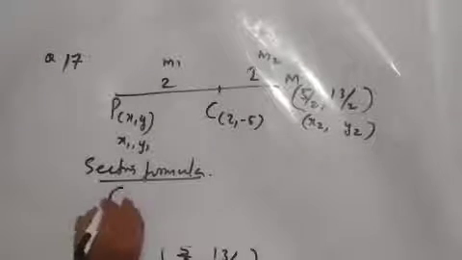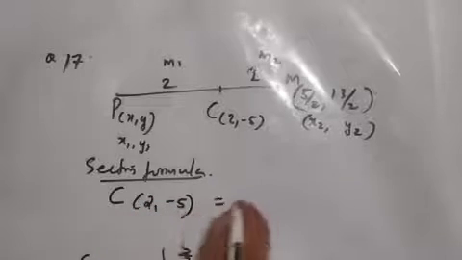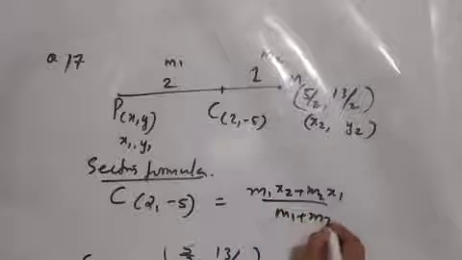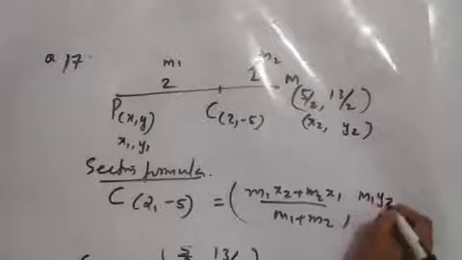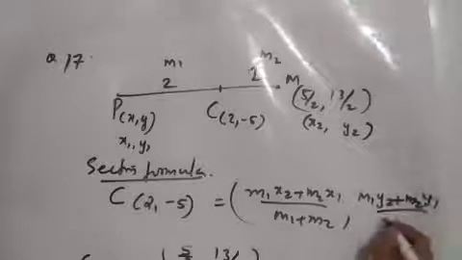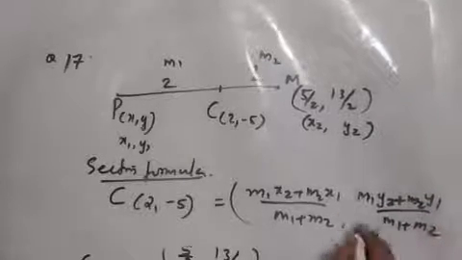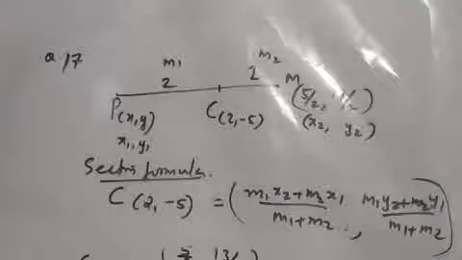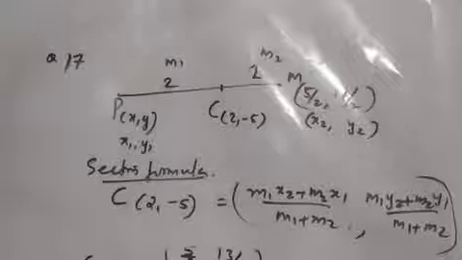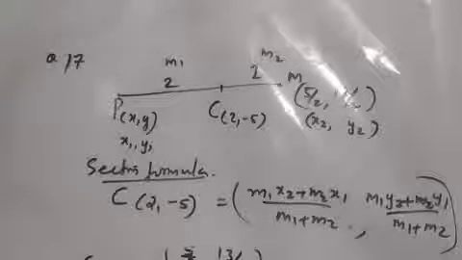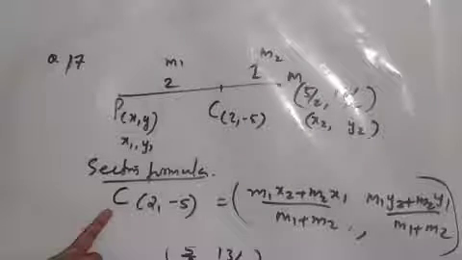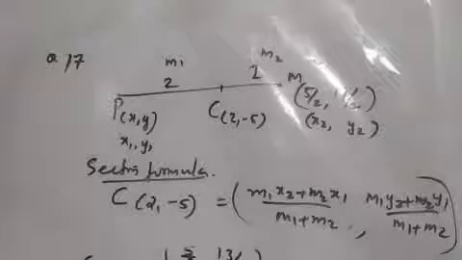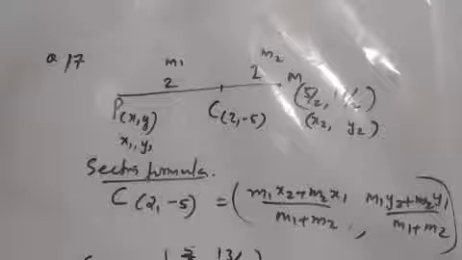Yes, that is C (2, minus 5) is (M1 x2 plus M2 x1) by (M1 plus M2) and (M1 y2 plus M2 y1) by (M1 plus M2). Just apply these values. Here we have the first point as (x, y), the second point as (5 by 2, 13 by 2) and this point is C (2, minus 5). We have to equate that. And for a median and centroid, the ratio is always 2:1.